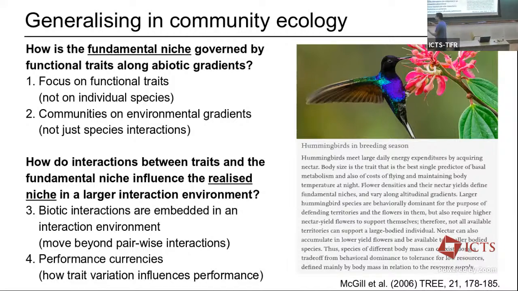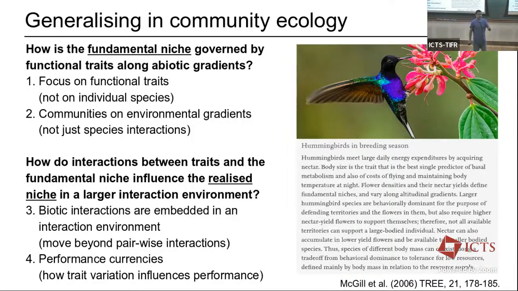And this is again going back to McGill and colleagues, which is asking not about the identities of species, not does this eat this, does this compete with this, does this facilitate the other. It's asking what are the properties of those species. So they come up with this framework, which is to ask how the fundamental niche is governed by the functional traits of a species along gradients.